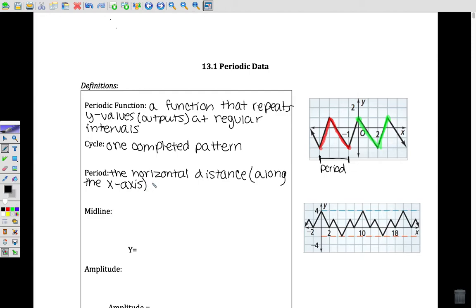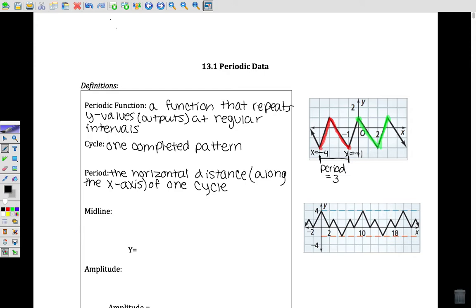So in this graph to the right, this is my period. I'm going from x equals negative 4 to x equals negative 1. My period was 3 units long.